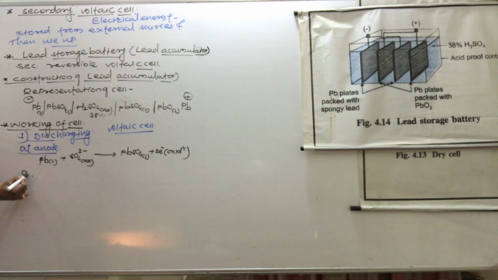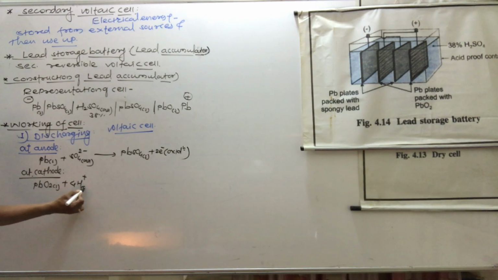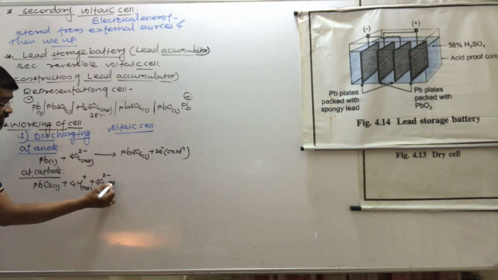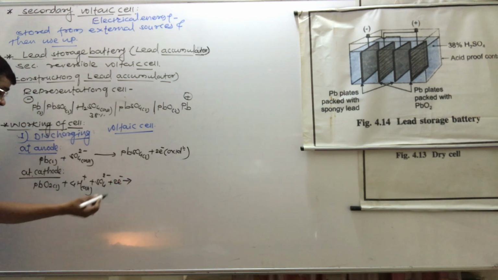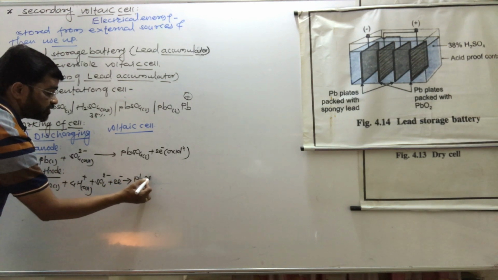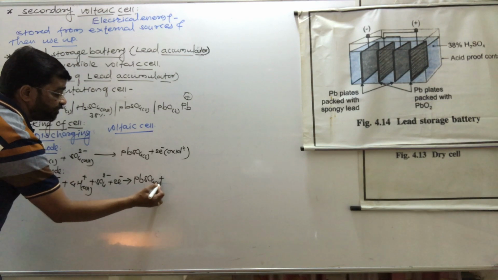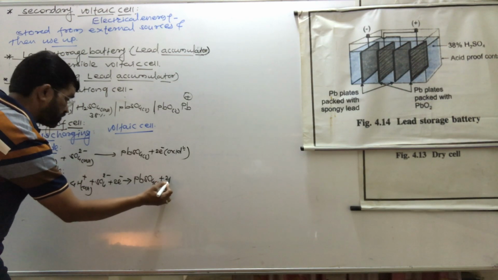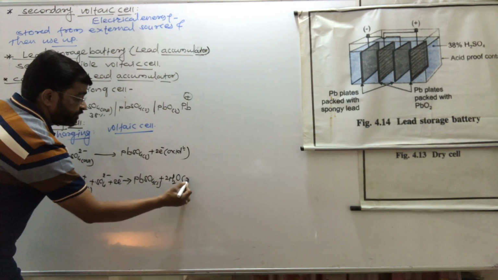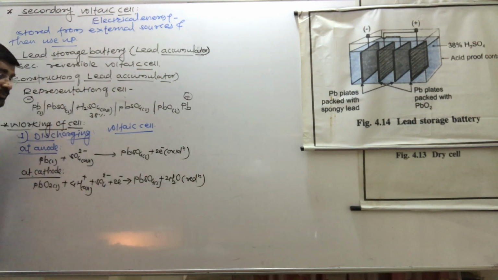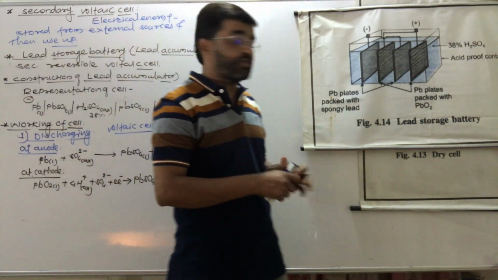Now the reaction at the cathode during discharging: PbO2 solid reacts with 4H plus ions and sulfate ions by gain of 2 electrons. Here also there is formation of PbSO4 solid with the formation of twice H2O. This is the reduction.